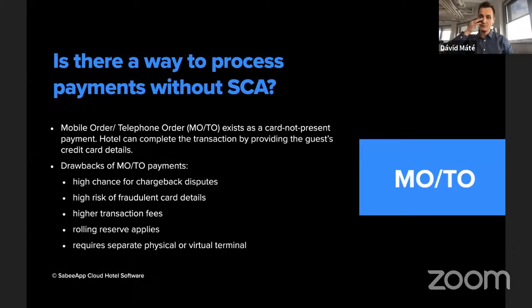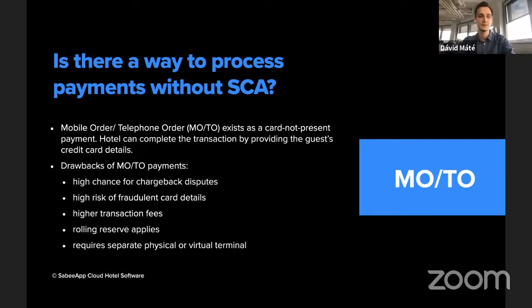Now, there's a valid question that now that we know what SCA stands for, is there a way to process transactions online or card not present, so-called card not present transactions, without having to comply with SCA? And the answer technically is yes.